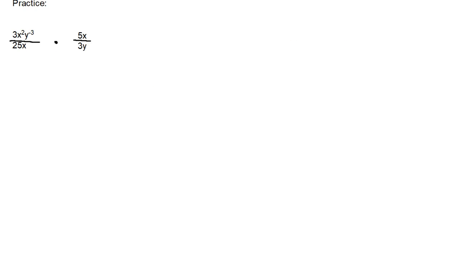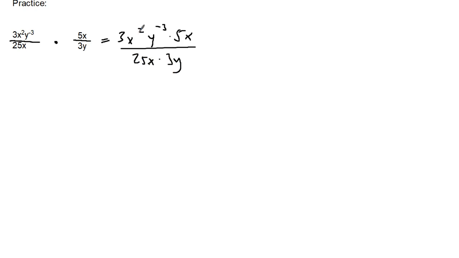So we're going to do another practice. 3x squared y to the minus 3 over 25x times 5x over 3y. So let's multiply 3x squared y to the minus 3 times 5x over 25x multiplied by 3y.